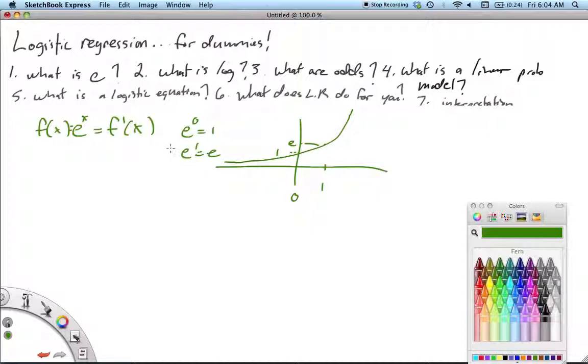Okay. Well, let's just consider f of 0. Well, we're going to consider the behavior of these two functions at x equals 0.